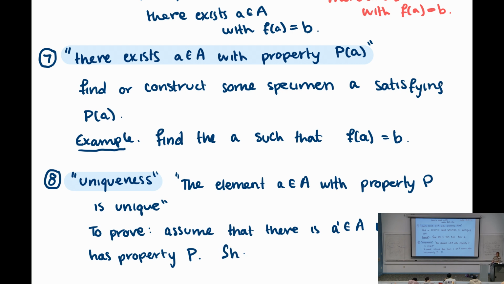So you would need to show a is equal to a prime. This is how you prove that things are unique typically.